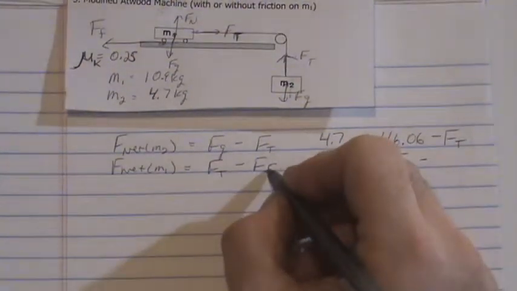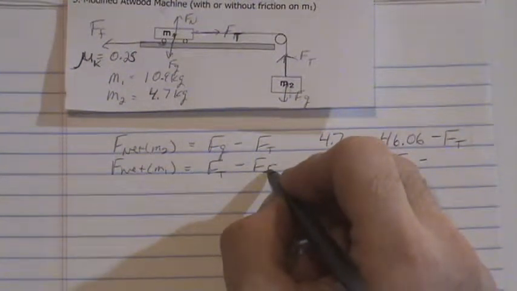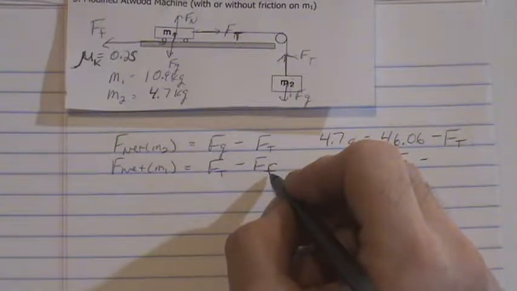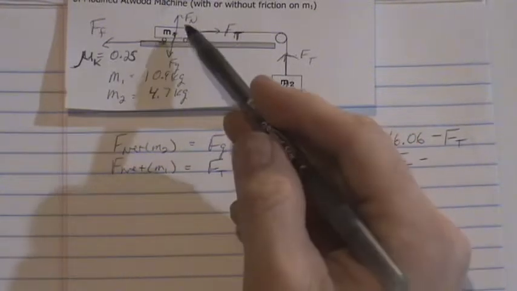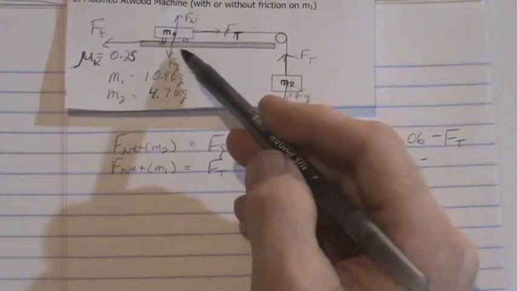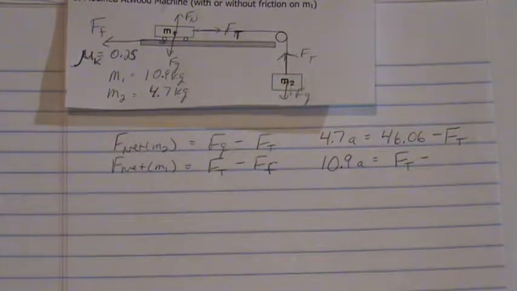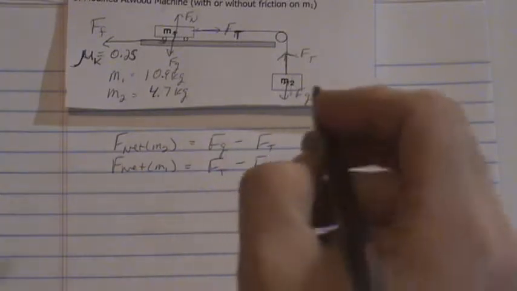So then the force of friction is going to be the normal force times that coefficient of friction. And once again, the normal force is going to equal the force of gravity on this object, because we're assuming that those two things are equal. Since we have our mass of 10.9 kilograms on it, if we multiply that times 9.8, it's 107.